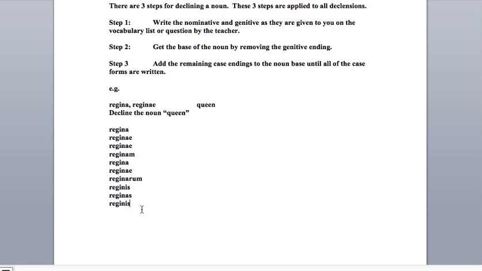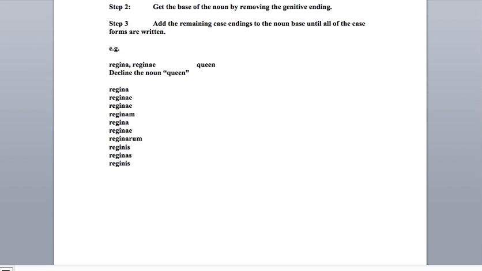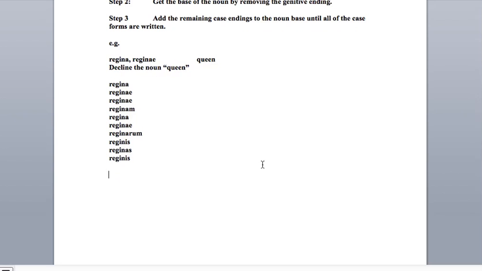How about if you have your chart with your endings in front of you and a piece of paper, and how about if you try to decline a first declension noun? I'm going to ask you to decline the noun terra, terrae. This noun means land.